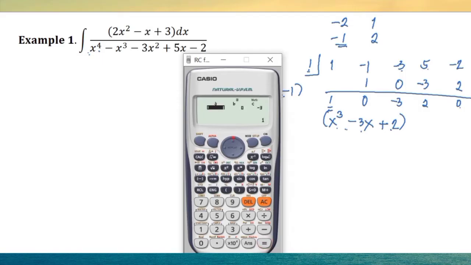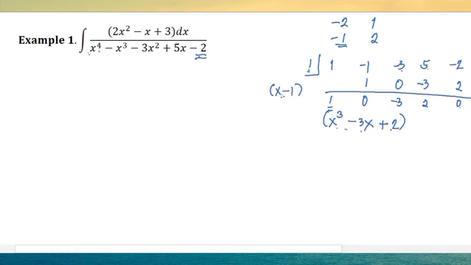So, dalawa lang lumalabas dito, no? Since we only have x equal to negative 2 and x equal to positive 1, meaning, isa sa dalawang to yung naulit.